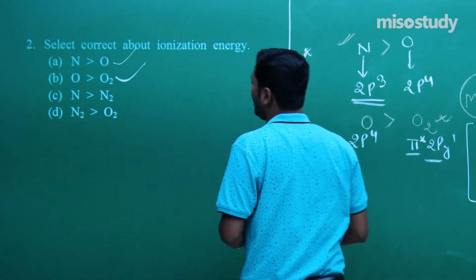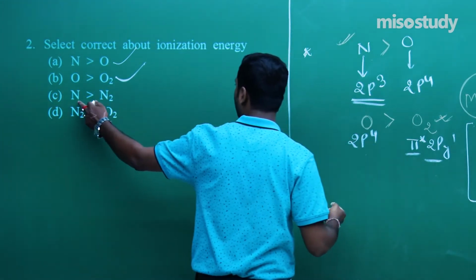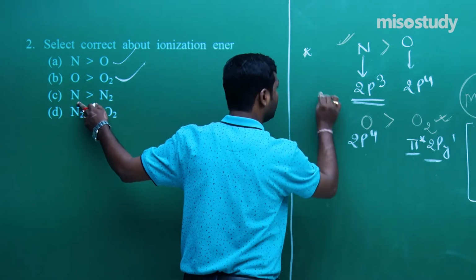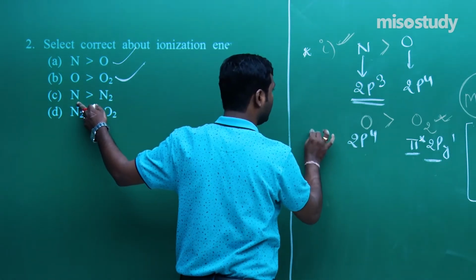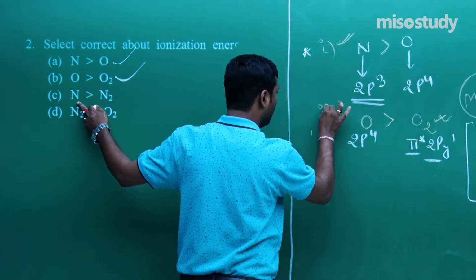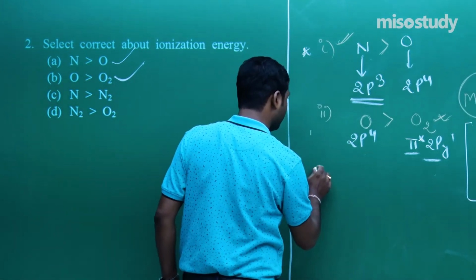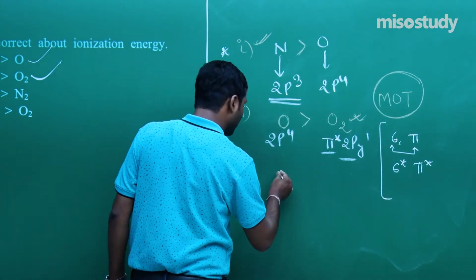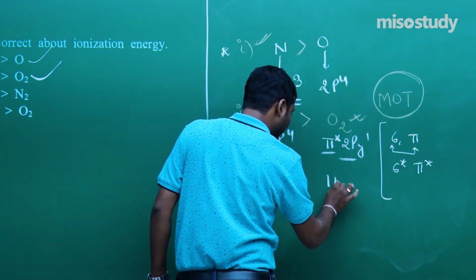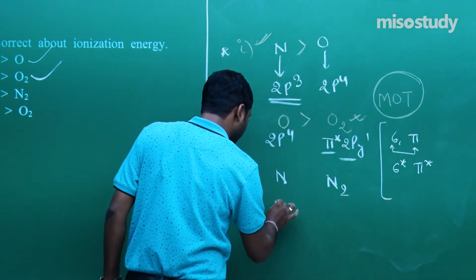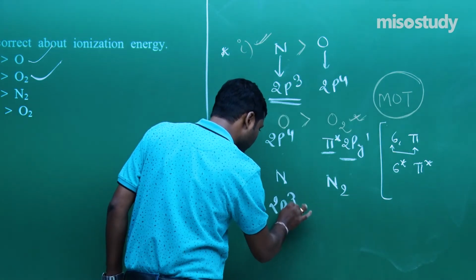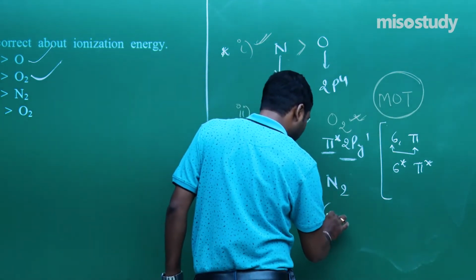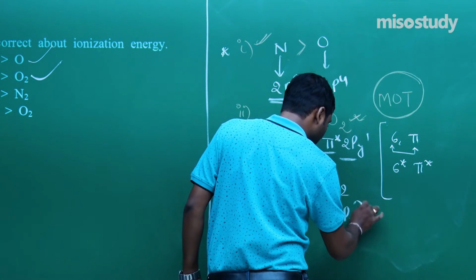Option 2 is also correct. Now let's move to the third option. If I talk about N and N2, N has electronic configuration 2p3 and N2 has electronic configuration 2px2.